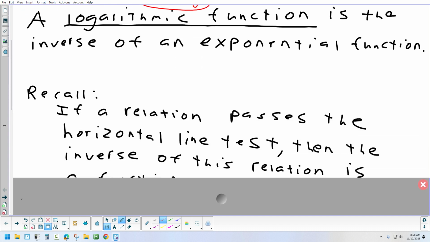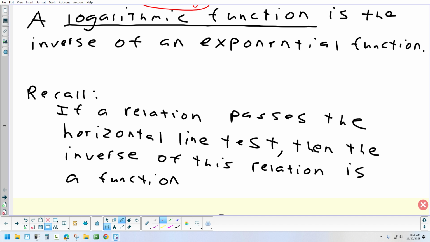Now, the horizontal line test is a little bit different. It still has to do with something being a function, but it has to do with the inverse of your graph being a function. So if you draw something and it passes the horizontal line test, then that means the inverse of what you're looking at is a function. Okay, so think again about the parabola, just the half of it that I drew.